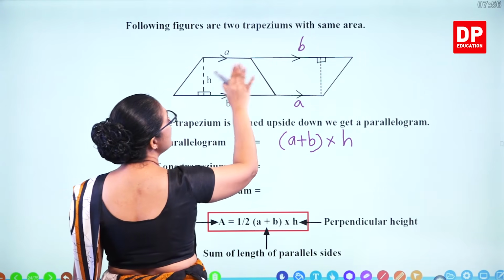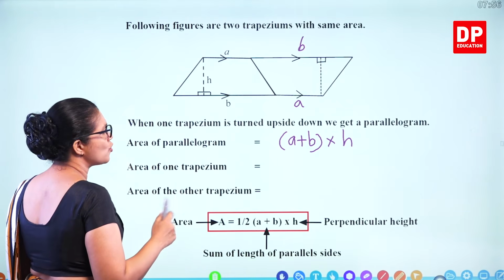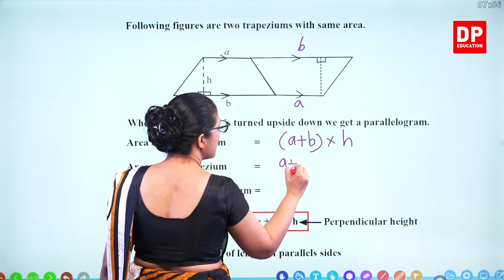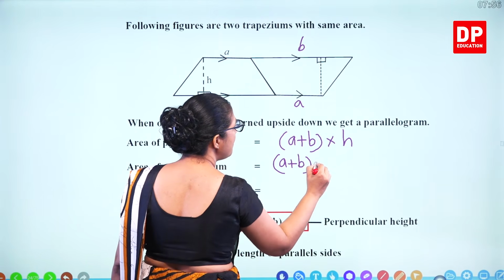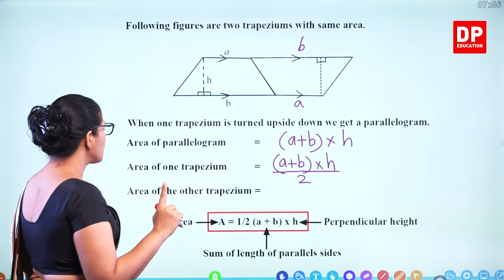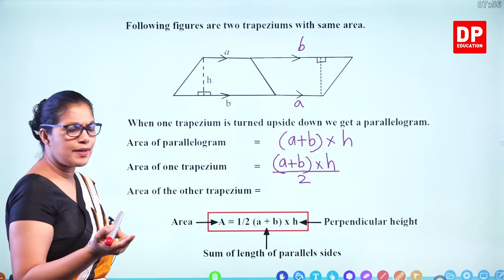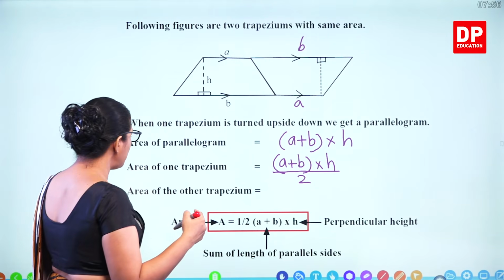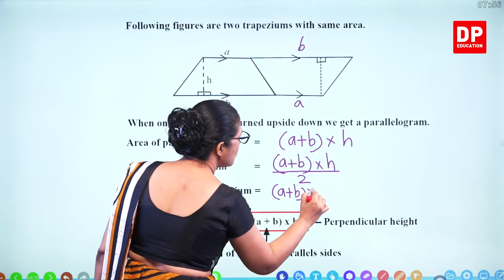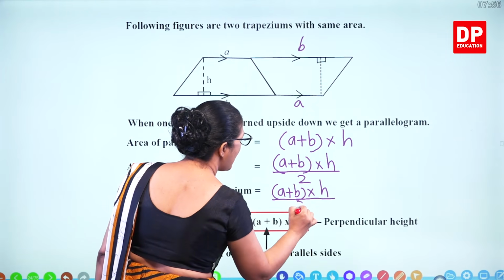There are two equal trapeziums. So I can divide this by 2. So I am taking the area of the parallelogram, divided by 2. So the area of one trapezium, that's A plus B into H divided by 2.